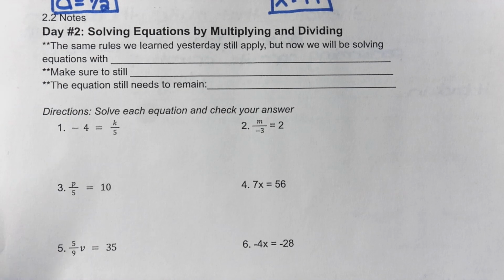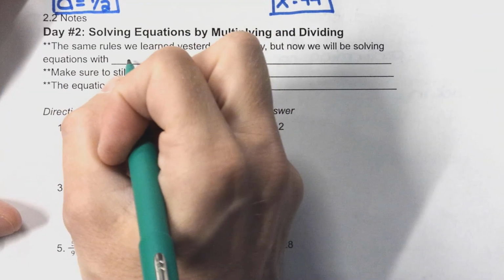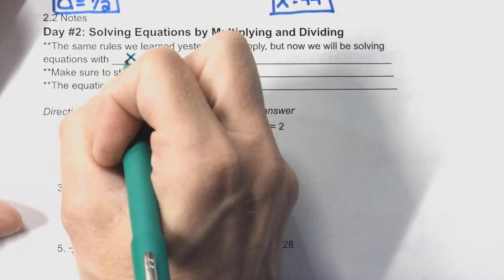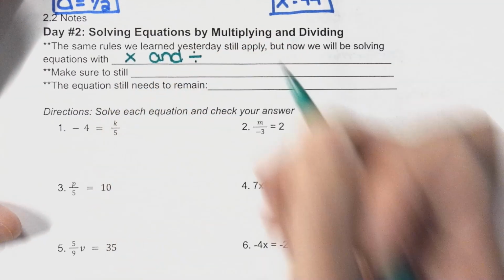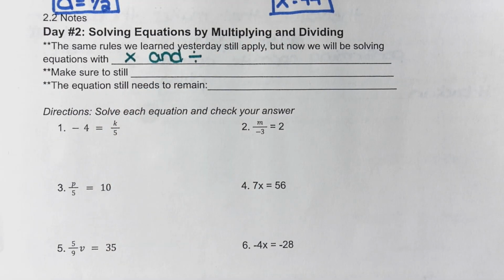So the same rules we learned yesterday still apply, but now we're solving equations with multiplication and division. So we're switching over a little bit. Yesterday we had addition and subtraction. Today is multiplication and division.